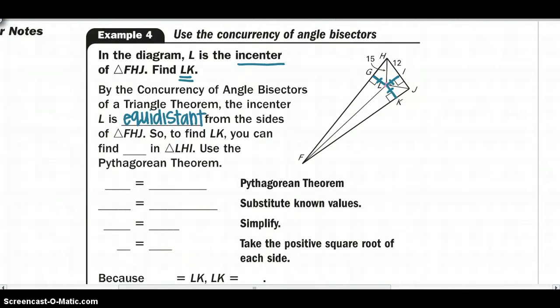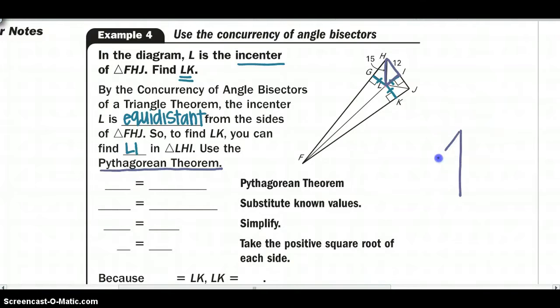And we can find LI in triangle LHI. So we are looking at this triangle right here. Why? Because we have two parts of the triangle, so we can find our third side by using the Pythagorean theorem.